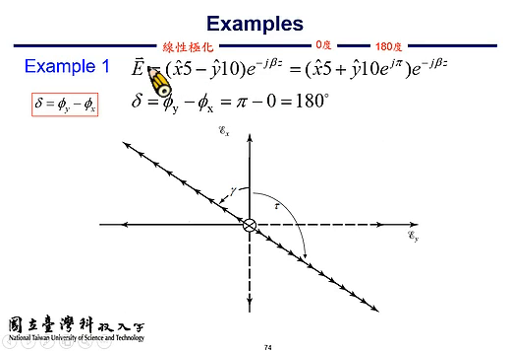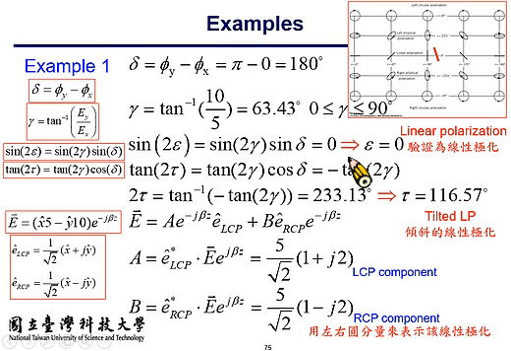So here we have an electrical field representation of 5 x minus 10 y, times exponential minus j beta z. So we know the two are 180 degrees out of phase, so delta is 180 degrees. For the tilted angle gamma, because the Ex component is 5 and the Ey component is 10, you can calculate the angle between the two.